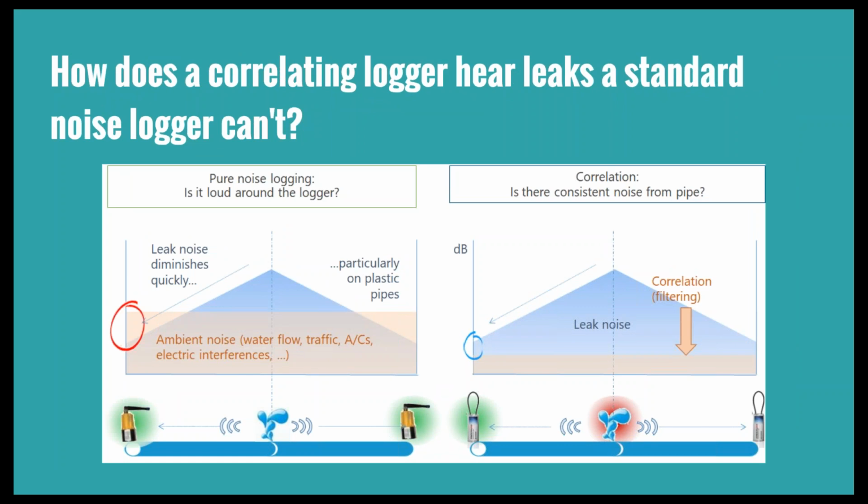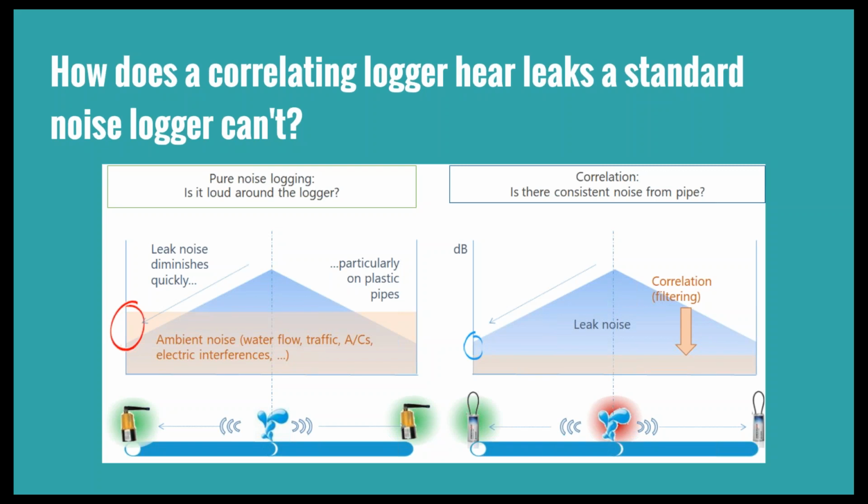So what is a correlating logger here that a standard logger can't? What the correlating logger is, the nice thing about it is it will trigger to turn on at whatever interval you want in a period of time. So usually it's a 2 to 3 hour window, and they turn on every 20 minutes.